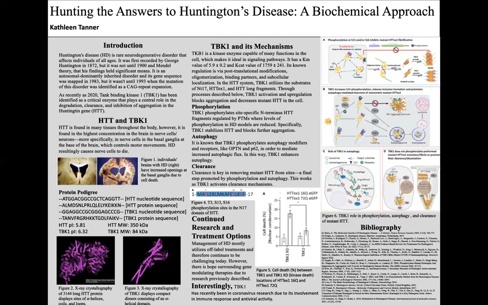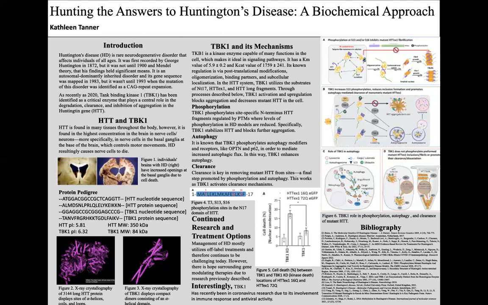Substrates associated with TBK1 in this system include NT17, which is the 17 N-terminus amino acid domain of HTT, HTTX1, and long fragment HTT. And as we'll see, TBK1 activation and upregulation aids in blocking aggregation and decreasing mutant HTT in cells.